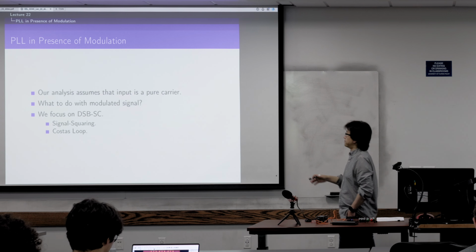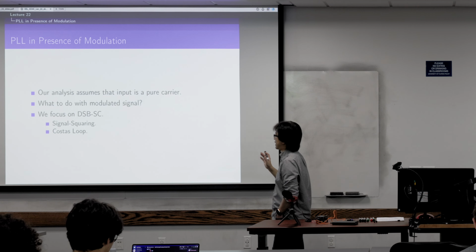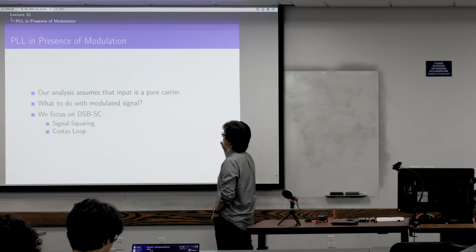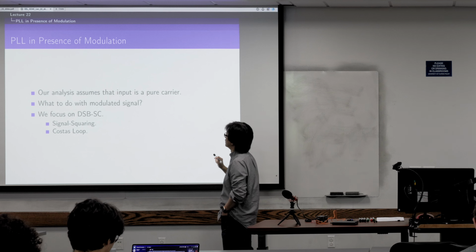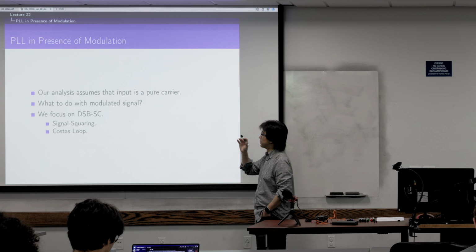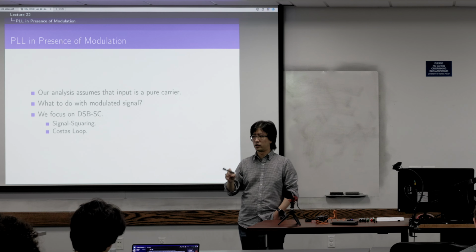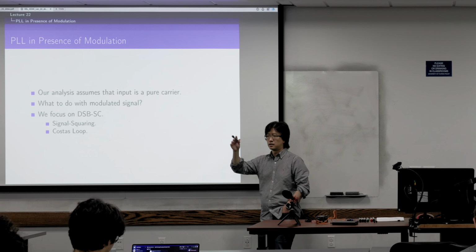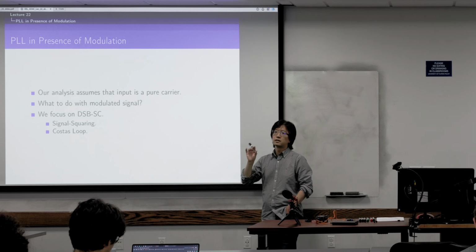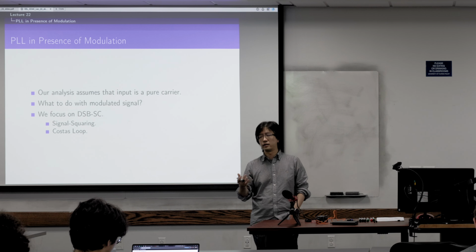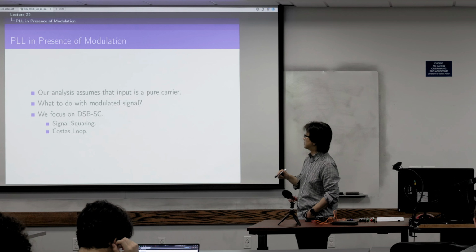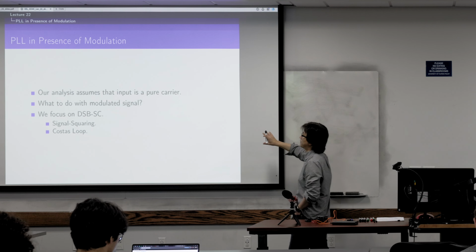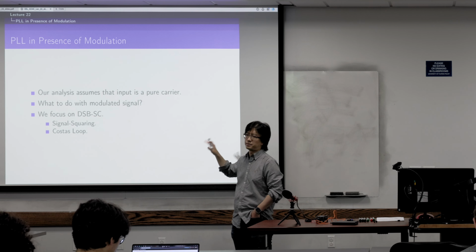Okay, and then we say, okay, so now everything we have been focused on so far is when the input is just a carrier, right? It's A times the cosine omega_c t plus the phase, right? It's just a carrier. However, in practice, for example, for the DSB-SC signal right here, we have nothing to do with the FM or PM, right?